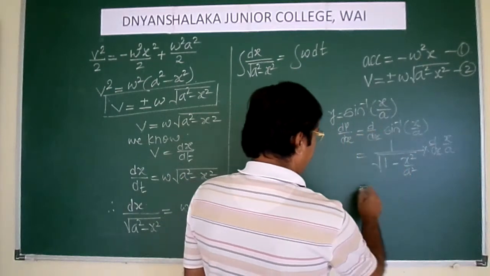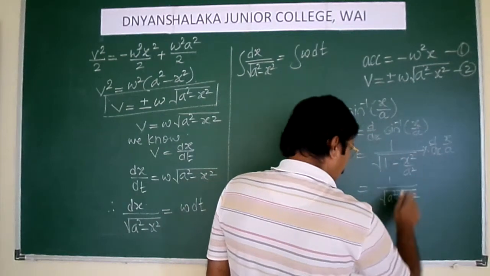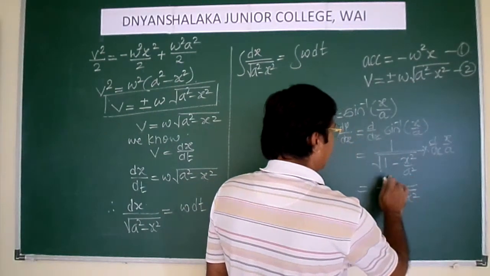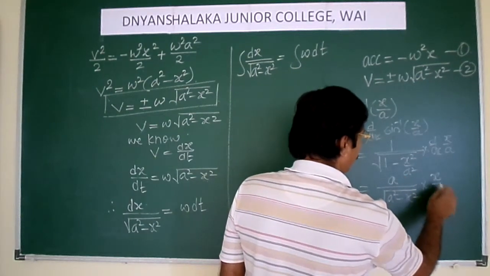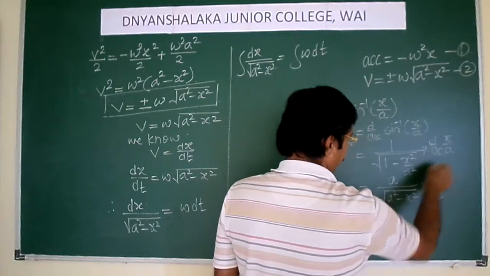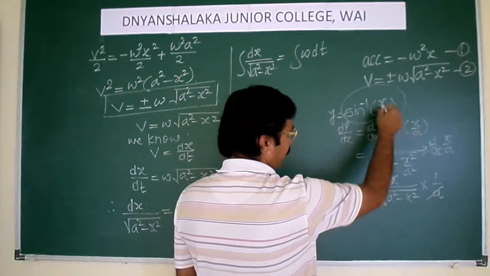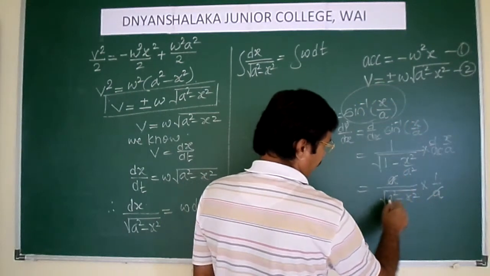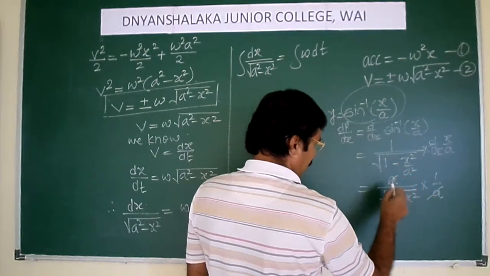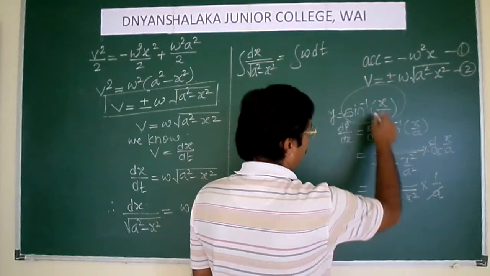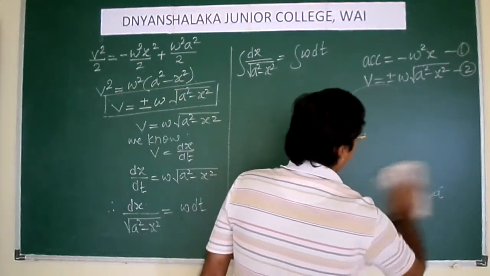So this becomes 1 upon under root a square minus x square upon a square. That can be taken as root of a square, which goes as a, multiplied by the derivative of x upon a, which is 1 upon a. And so we can say that the derivative of sine inverse of x upon a is 1 upon under root a square minus x square. So the integral of dx upon root of a square minus x square will be written as sine inverse of x upon a.